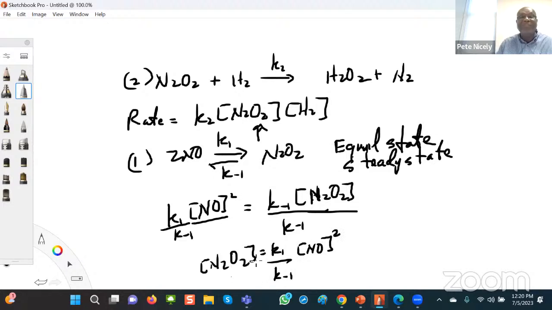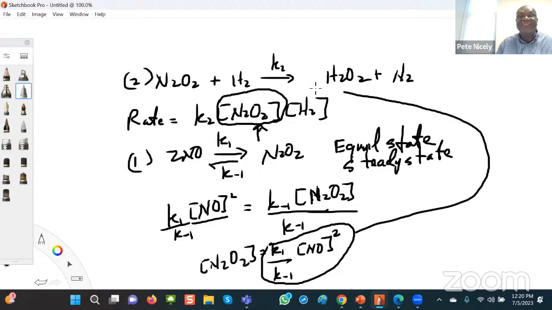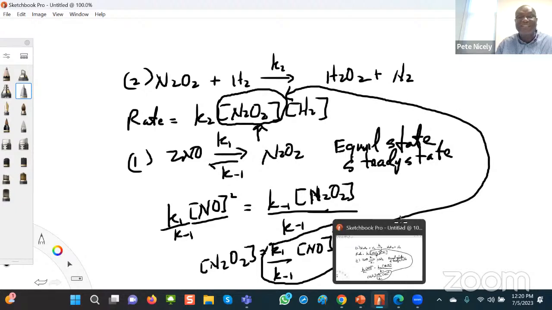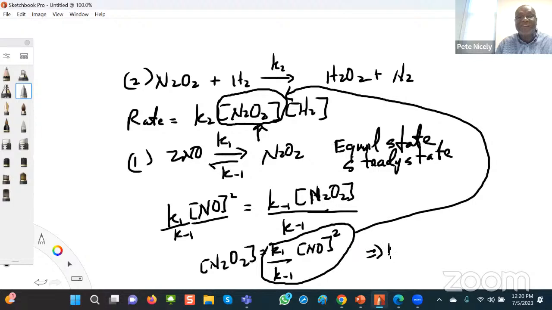And then where this intermediate is present in this equation, we can plug in this entire expression. So when we do that, you're going to end up with the rate of the reaction will be equal to K2 times K1 divided by K minus 1 times the concentration of NO squared times the concentration of H2, right?